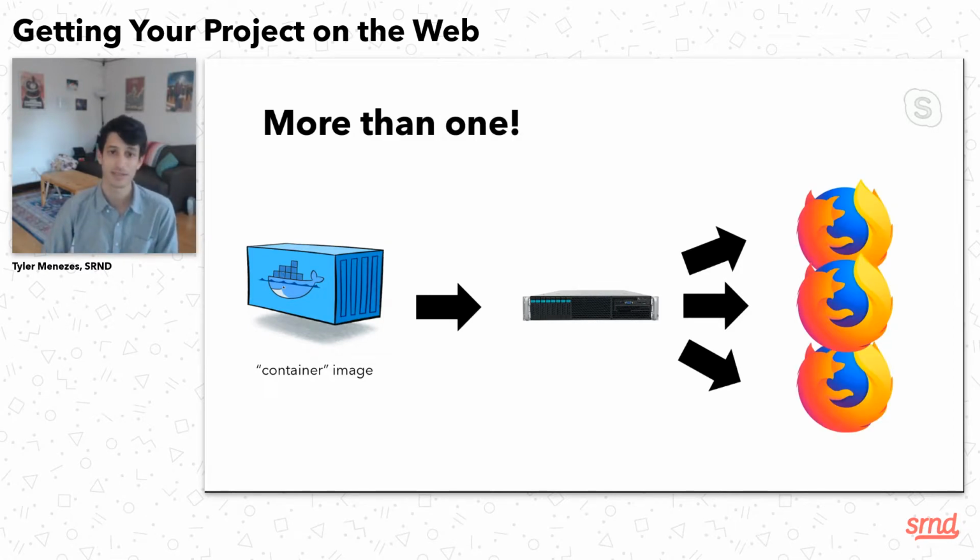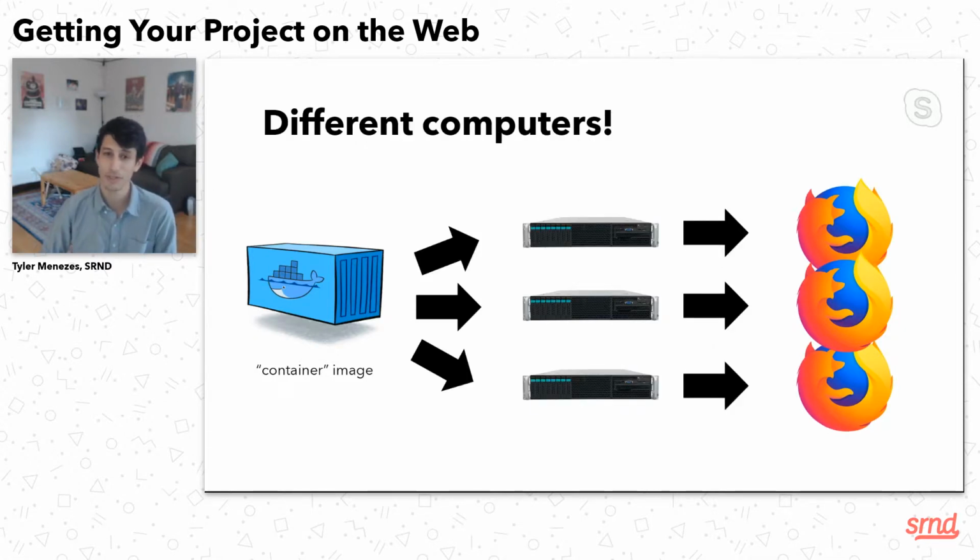And the other cool thing about this is that we can run more than one of those Docker containers on a single server. So if we want 3 versions of our app running, we could do it. I don't know why we'd want that, but we can. If we want 70 versions of our app running on the same server, the exact same app, we could do that. We could run our app on different computers reliably. So again, remember I told you maybe you have 99 servers that are running the same version and one that's running something different.